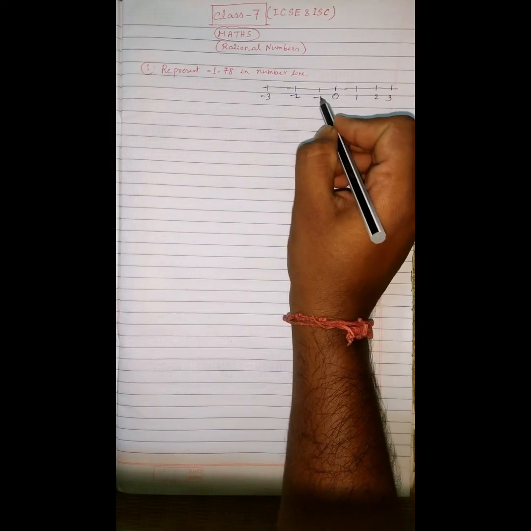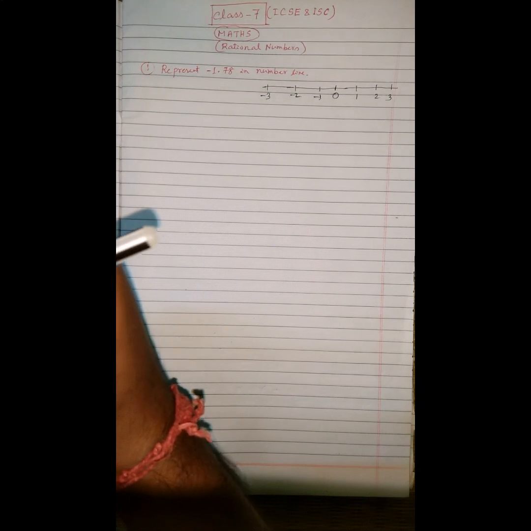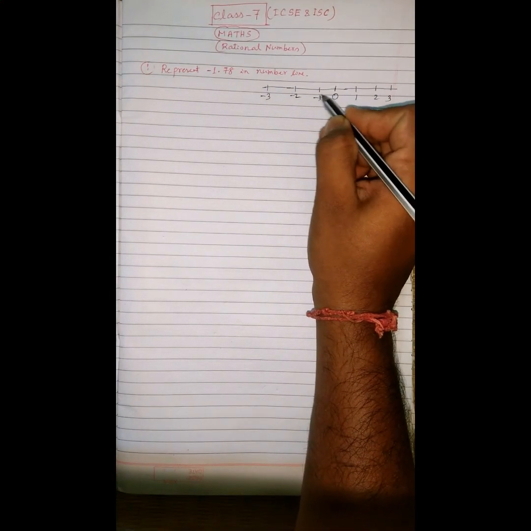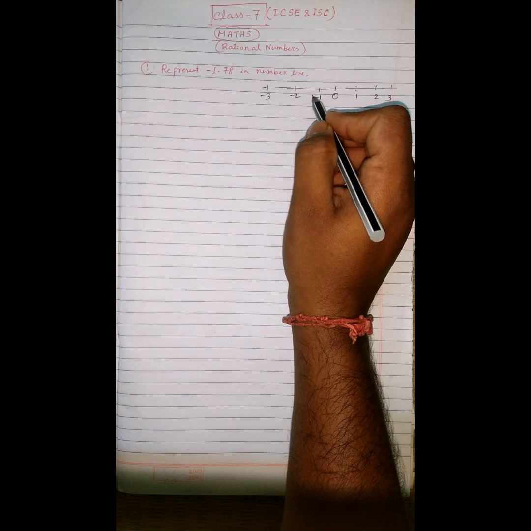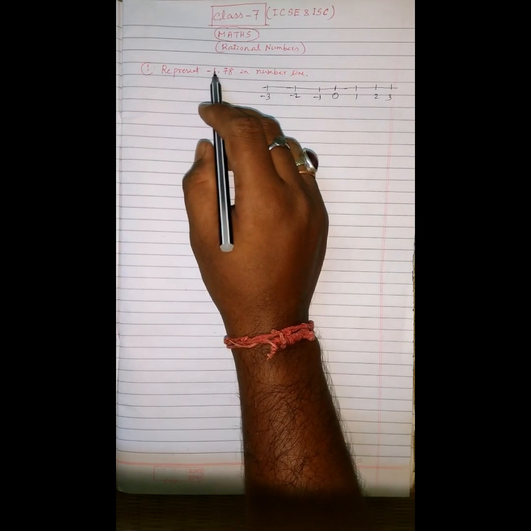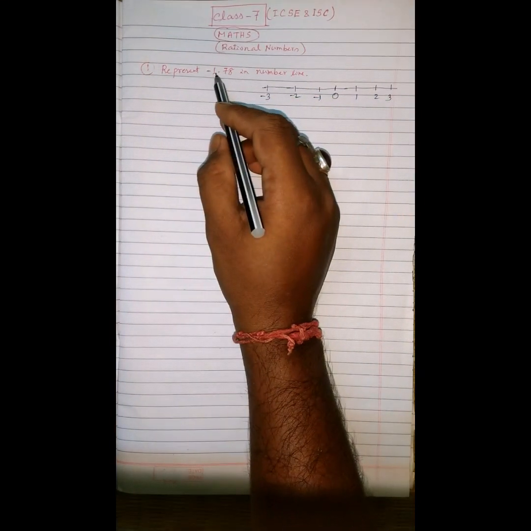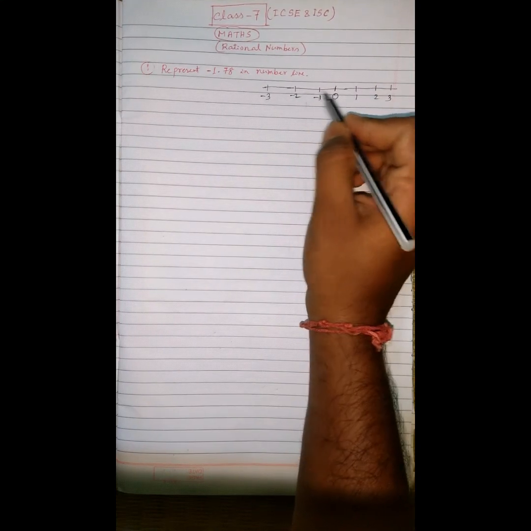Now here minus 1. If anyone asks you what is the greatest negative integer, then you should know that minus 1 is the greatest negative integer. After that, minus 2 is less than minus 1. So obviously minus 1.78 lies between minus 1 and minus 2.